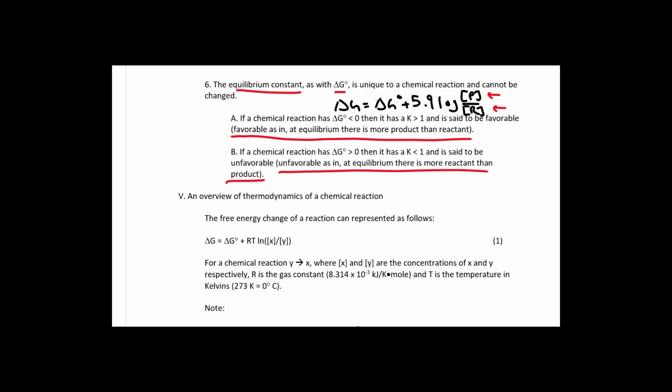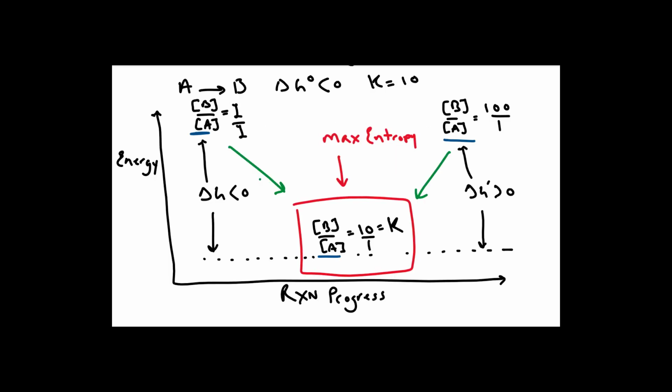In both cases, and as we saw before, equilibrium is the point of highest disorder. So we had this picture from the previous video, example reaction, which had a K equals 10 right here, right? And we said, okay, the reaction, if I have 1-to-1 ratio of reactant, which I'm showing here, or if I had 100-to-1, in both cases, the reaction will move towards equilibrium spontaneously, meaning that there is no need for input of energy.